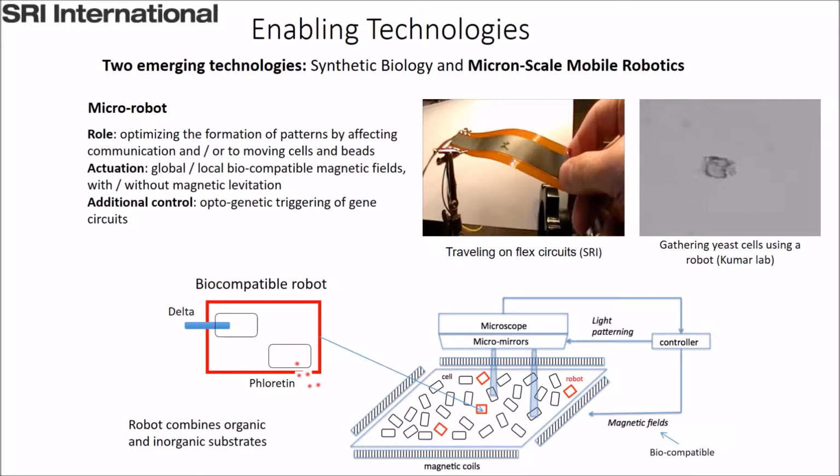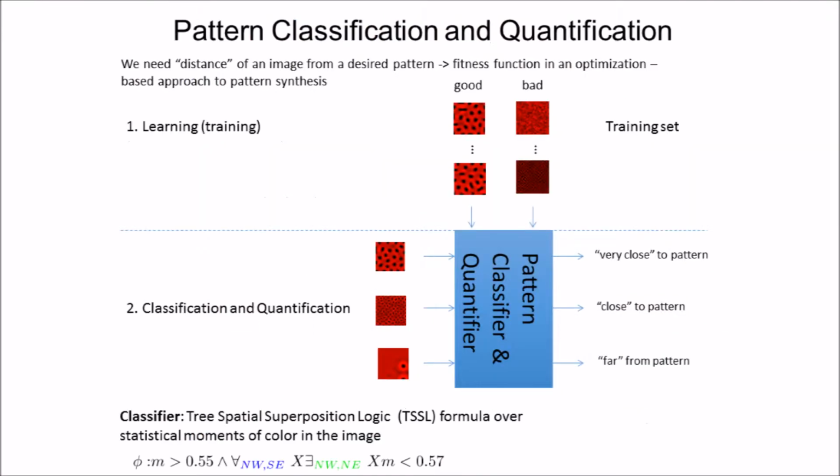Other control points in this system are times and locations of light patterning that can trigger optogenetic circuits in the engineered cells. Desired patterns are specified through a friendly user interface. The pattern classifiers are learned as formulas in a novel logic called tree spatial superposition logic.